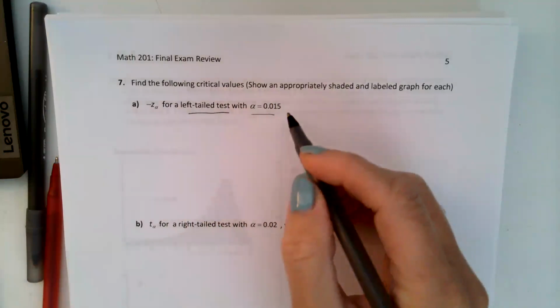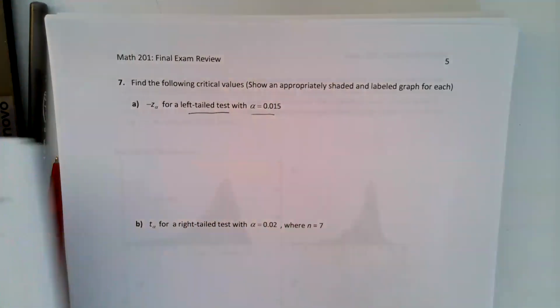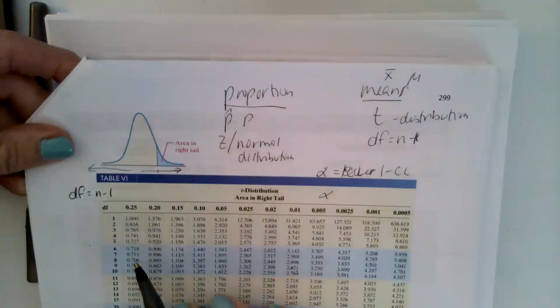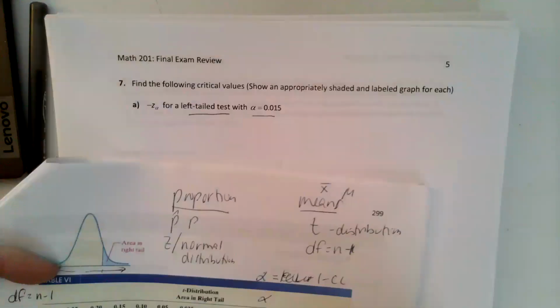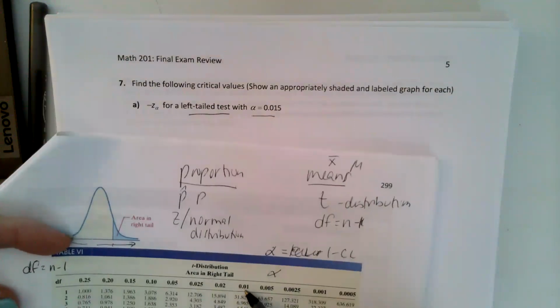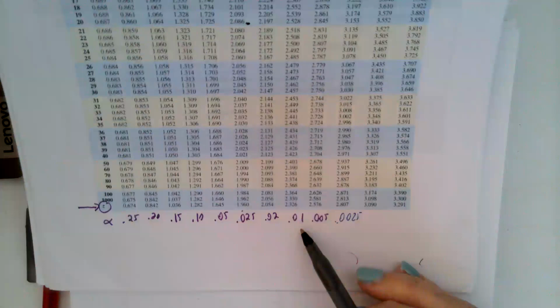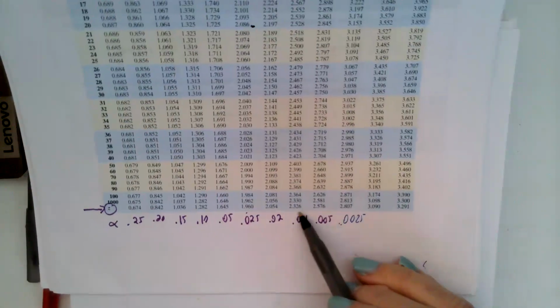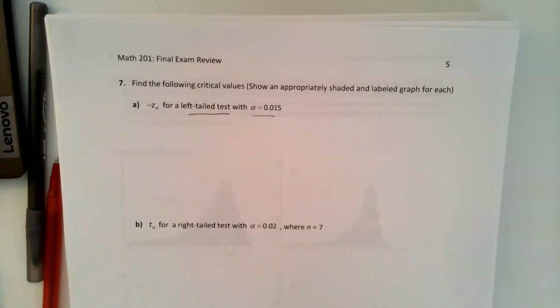And we can look and see, 0.015 is not on our table here. But we know that it's somewhere between 0.01 and 0.025. So it's going to be somewhere in here in a negative version. So negative 2.326 to negative 1.96.